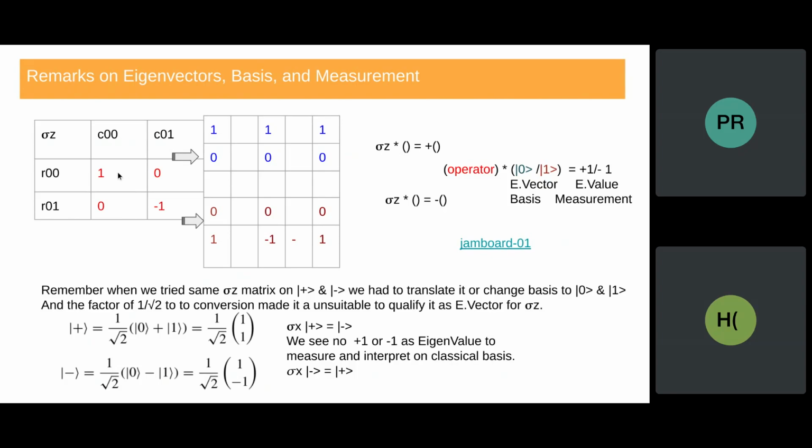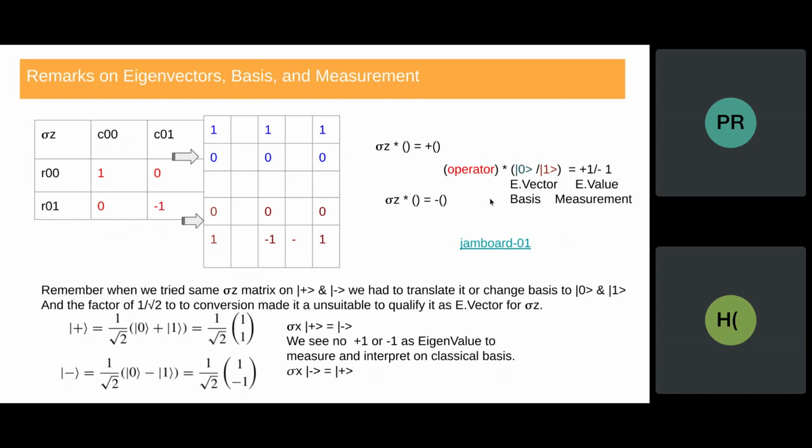So it's the 1 0 0 minus 1 matrix, which we call Pauli sigma z. For now, remember the matrix, and this matrix is to be multiplied with a column vector, ket 0 and column vector ket 1.